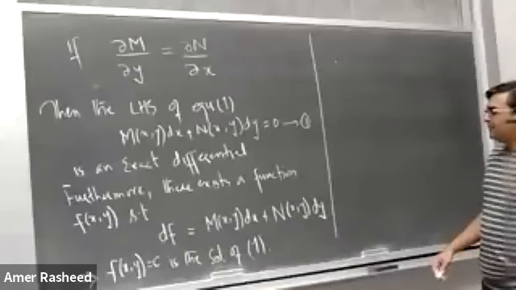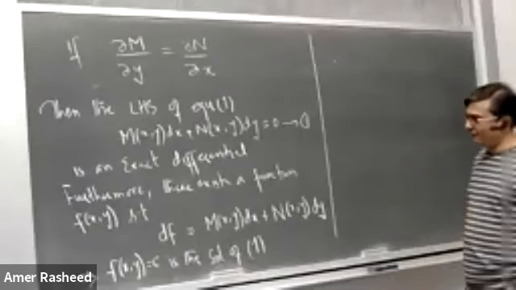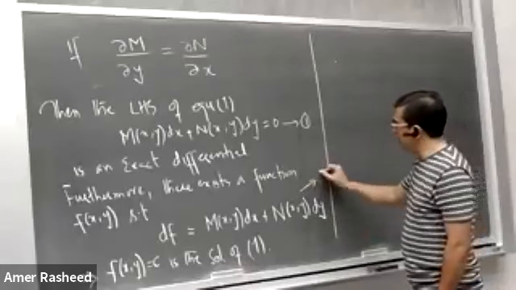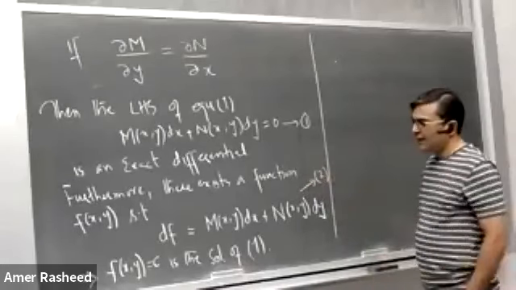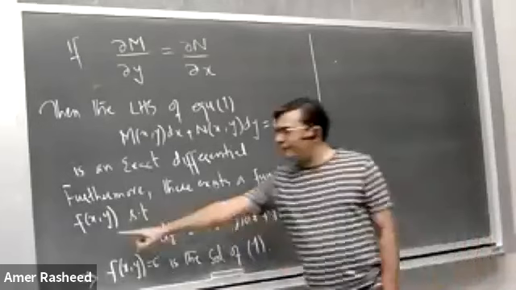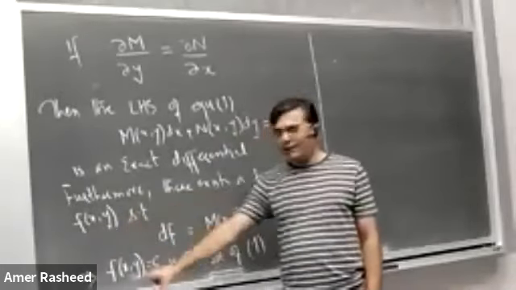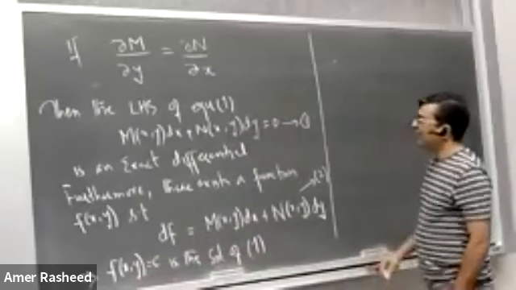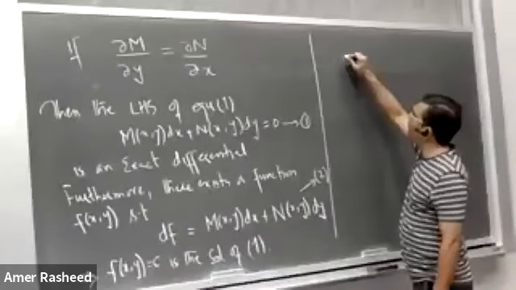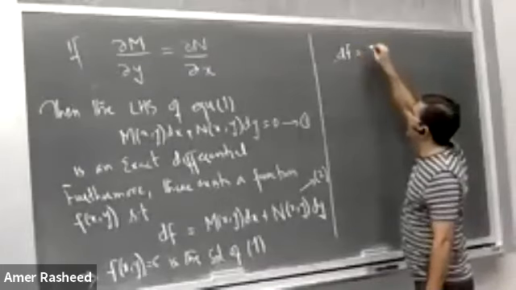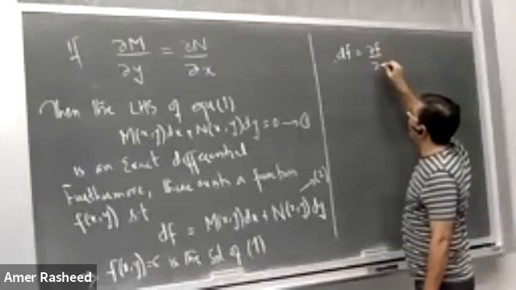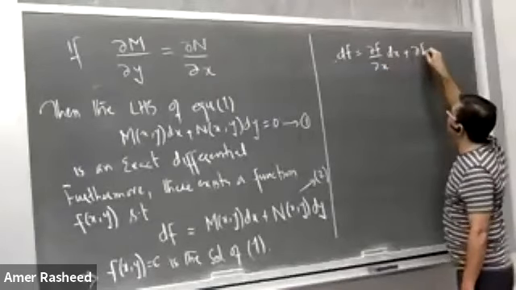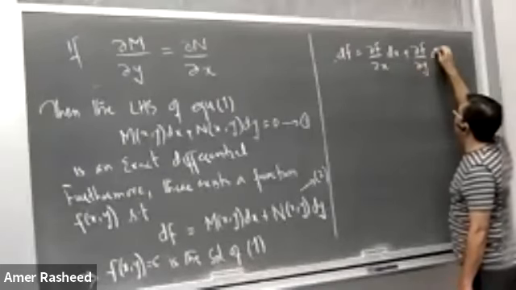So how to find this function f now? This is your equation 2, maybe. And if this is your expression f(x,y) equal to 0, then we know also that the differential of f is partial f over partial x dx plus partial f over partial y dy.